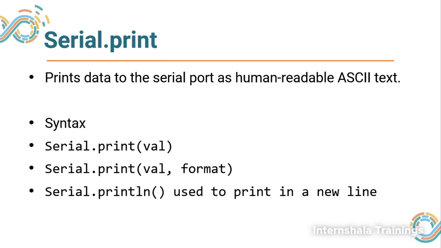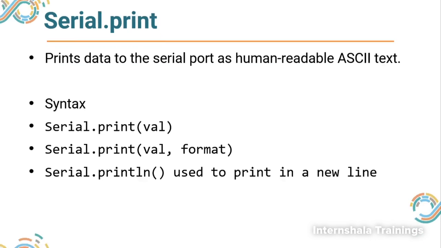Second, the variation is that we can include a format. That means in what format I want to print this value. We will have an example, and if I want to print with a new line, then I say Serial.println. So what are the formats?